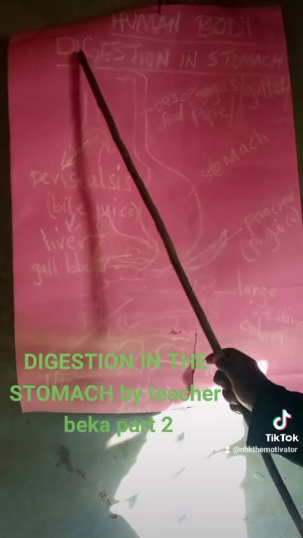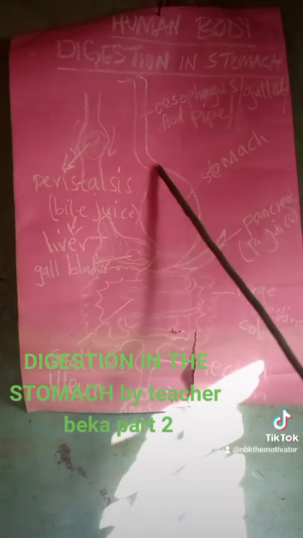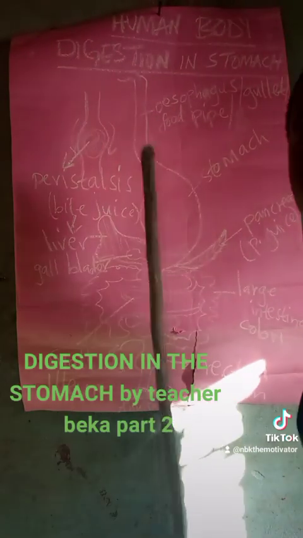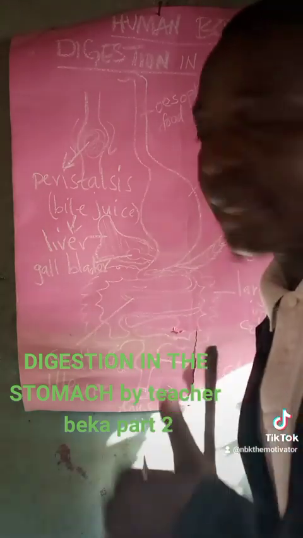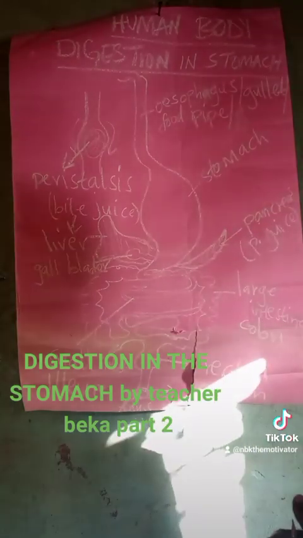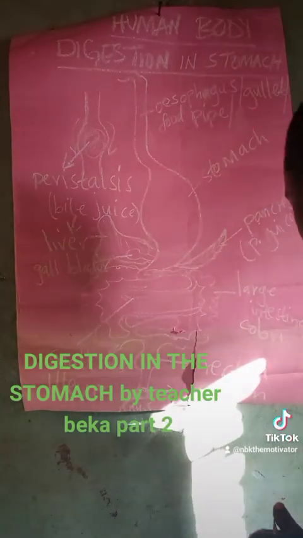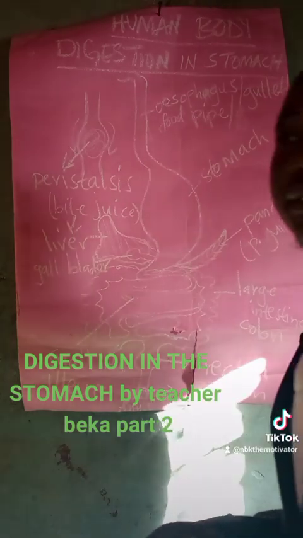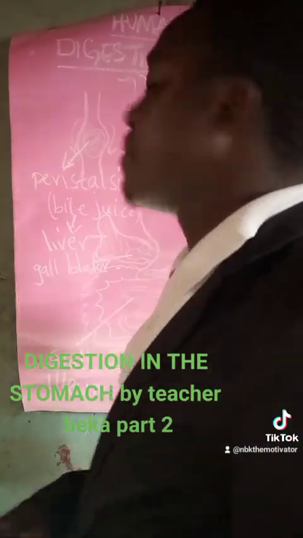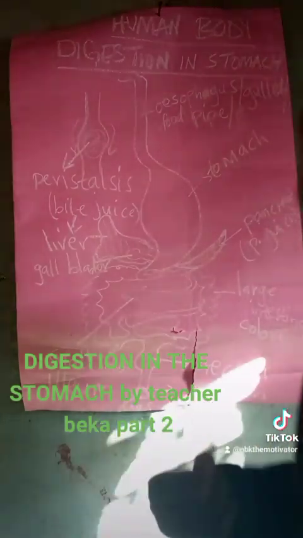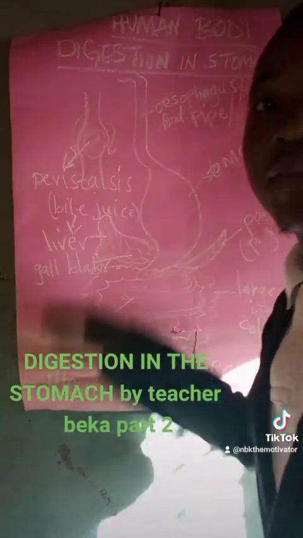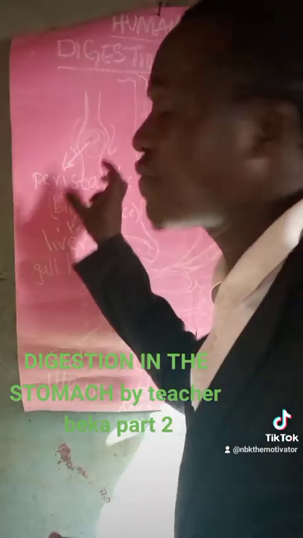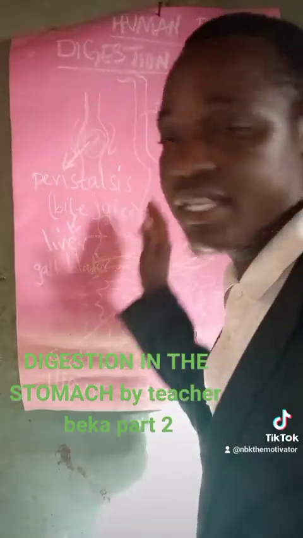This tube that runs from the mouth to the anus is known as the digestive system, gut, or alimentary canal. We have also talked about peristalsis: the process whereby food moves in a wave-like form along the esophagus to the stomach is known as peristalsis.